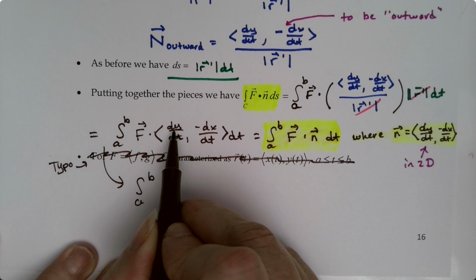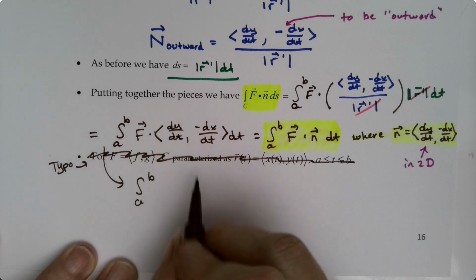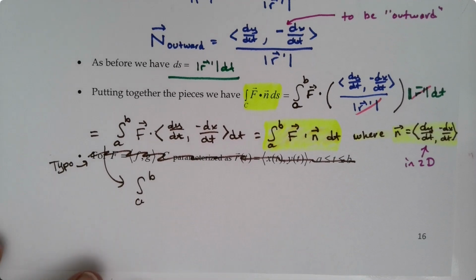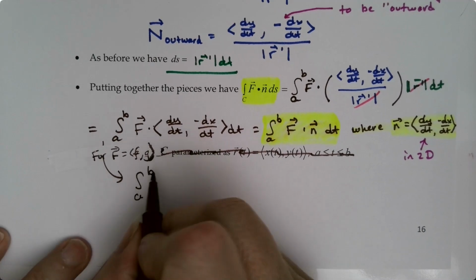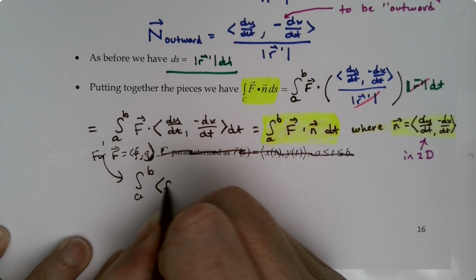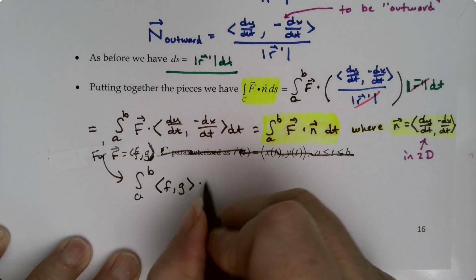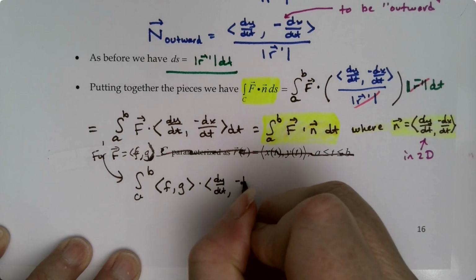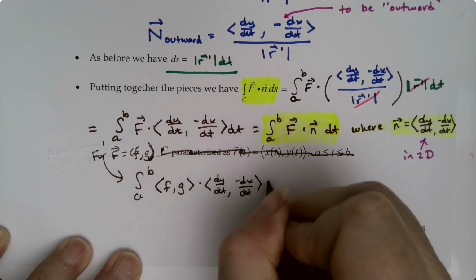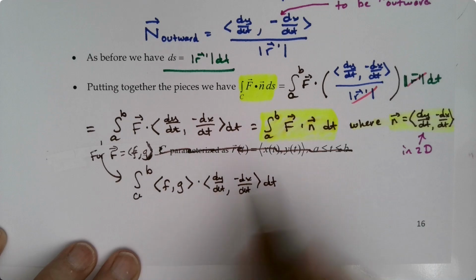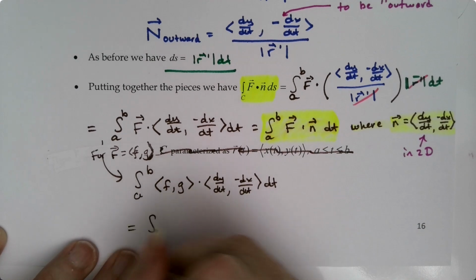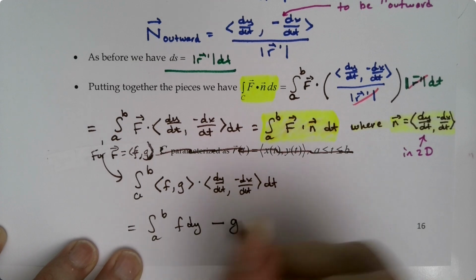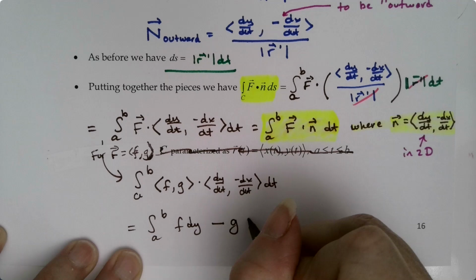So if the vector field F is f comma g, and I take the dot product of f comma g with dy/dt, negative dx/dt, it'll become f dy minus g dx.